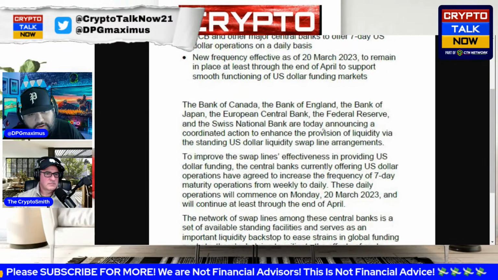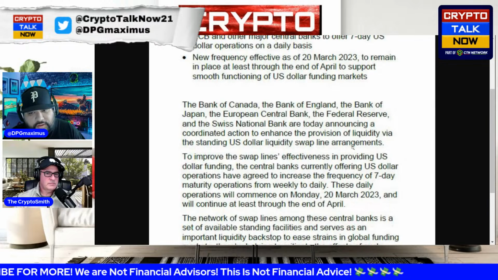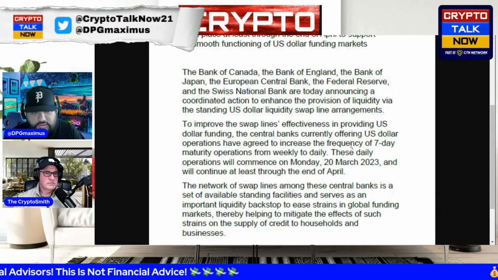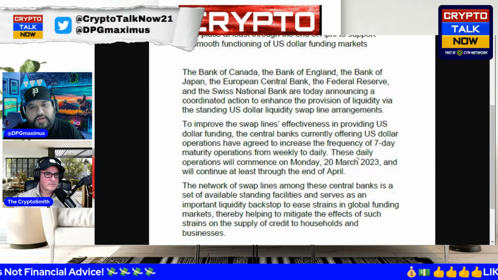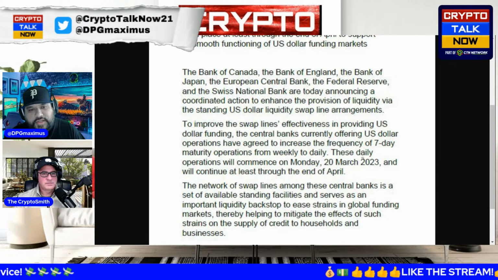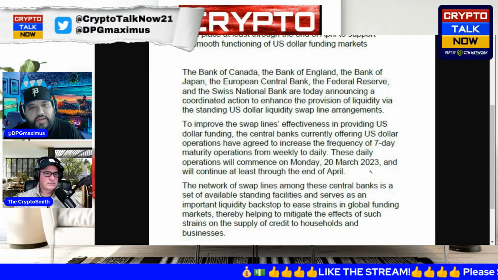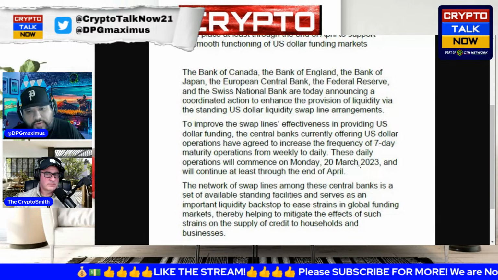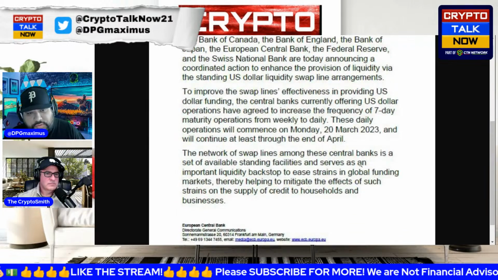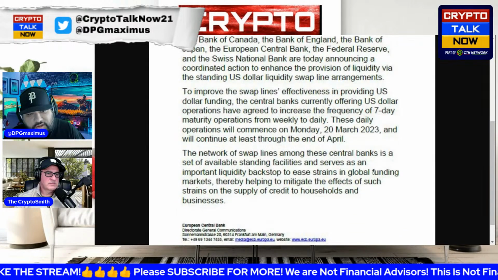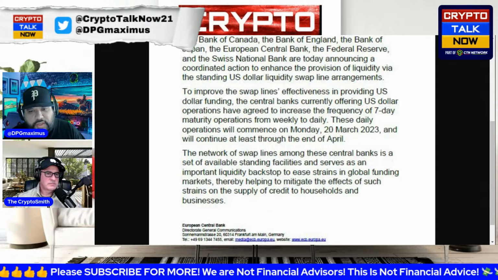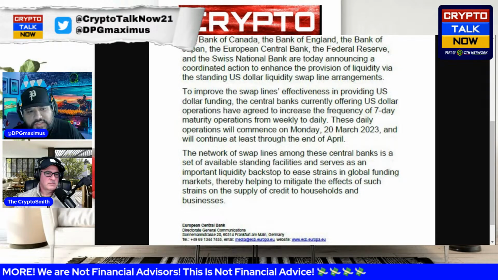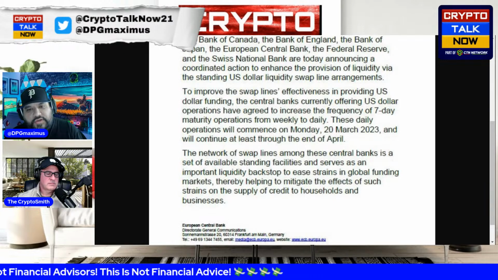The Bank of Canada, the Bank of England, the Bank of Japan, the European Central Bank, the Federal Reserve, and the Swiss National Bank are today announcing a coordinated action to enhance the provision of liquidity via the standing U.S. dollar liquidity swap line arrangements. To improve the swap line's effectiveness in providing U.S. dollar funding, the central banks currently offering U.S. dollar operations have agreed to increase the frequency of 7-day maturity operations from weekly to daily.